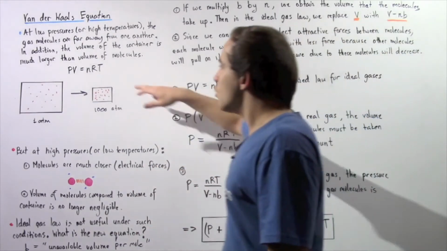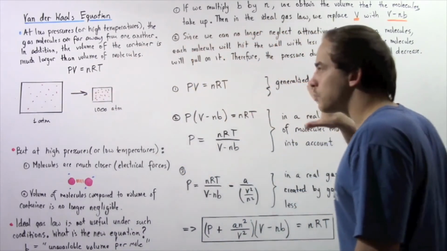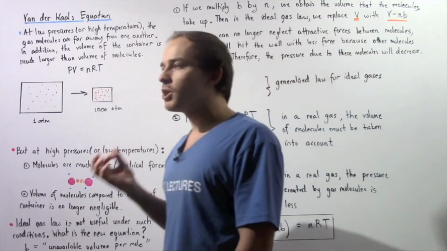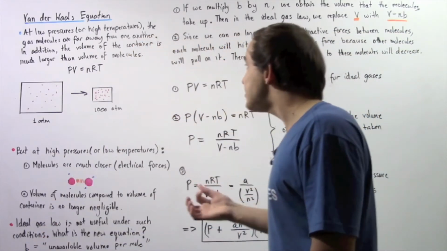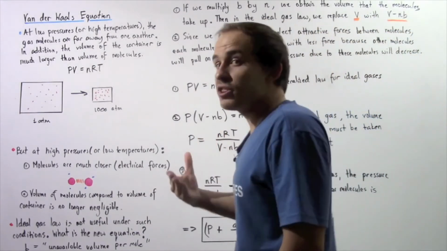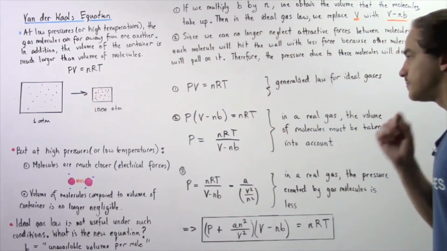So we also have to take into consideration what happens to our pressure. Because the pressure depends on the number of collisions with the walls of the container, and the collisions are with less force, the pressure will also be less.